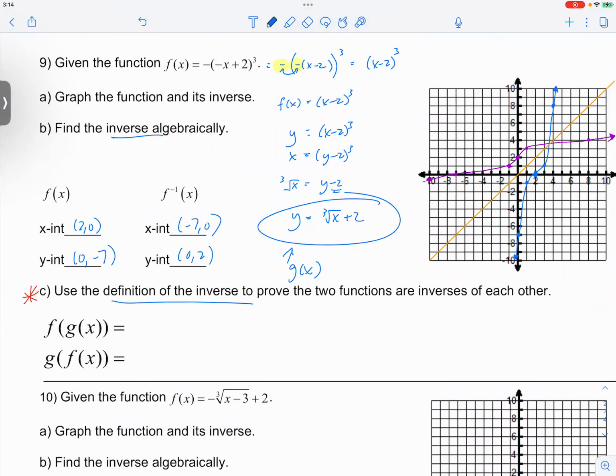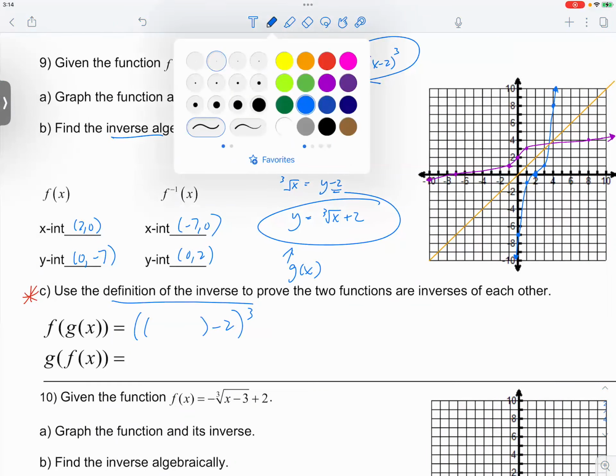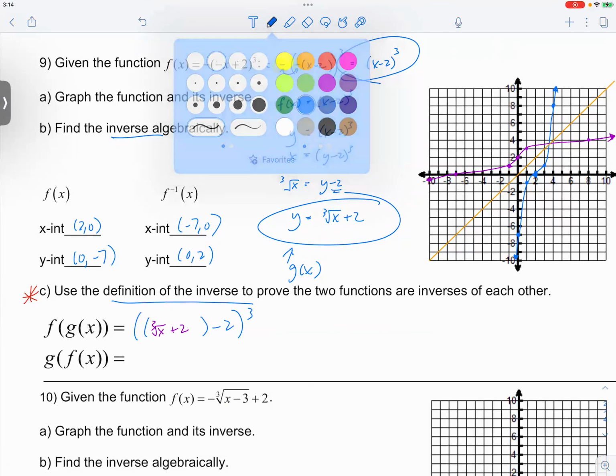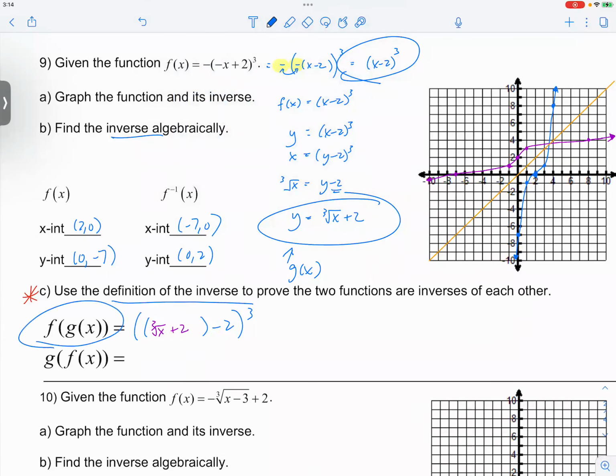And when we say f of g of x, f is this. So we have this, and then we have to put down the g of x, which is this. Make sure you know what the notation means, and you must include the notation.